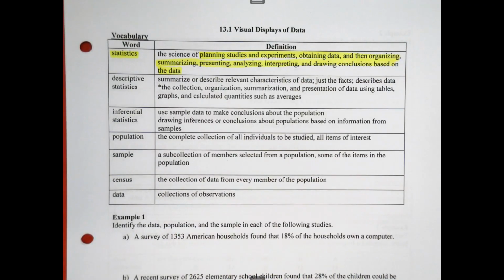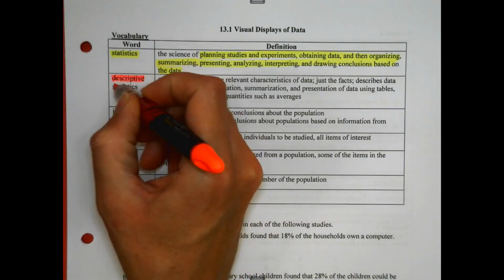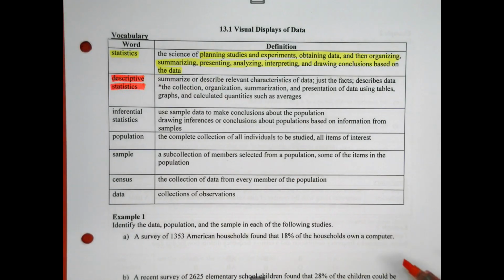There are two types of statistics. There's descriptive statistics, and then there is inferential statistics. Descriptive statistics summarizes or describes relevant characteristics of the data. This is just the facts. It describes data, or the collection, organization, summarization, and presentation of the data using tables, graphs, and calculated quantities such as averages.